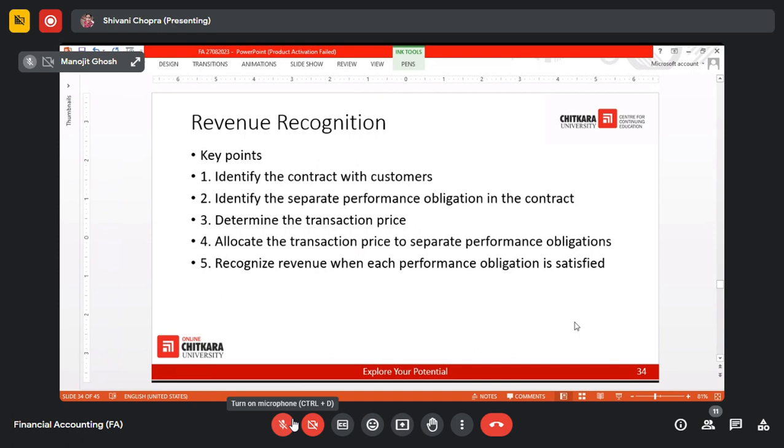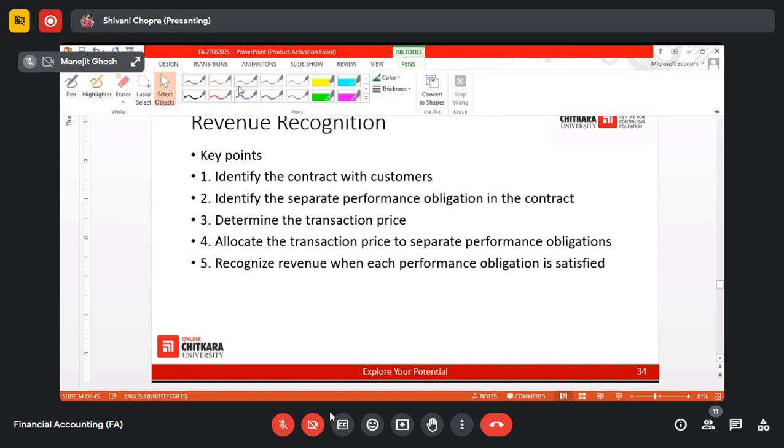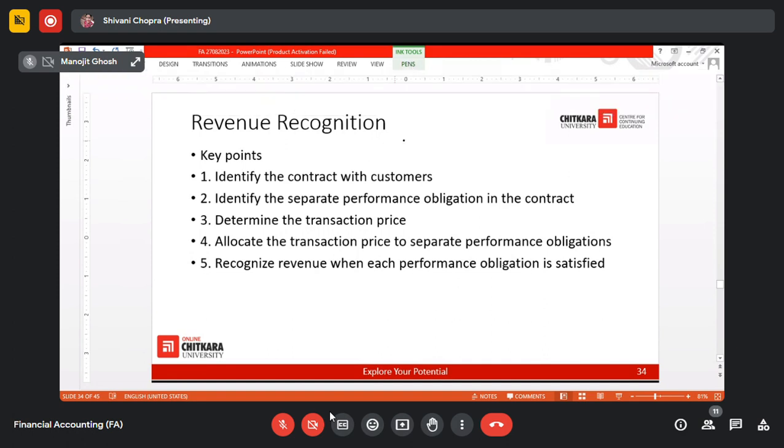So when we say identify a contract, what do we mean? It's a contract between two parties that creates enforceable rights between them, right? So let's take one example that there is an airplane. There is a company that has signed a contract. So let me write the name of the companies. There are two companies.